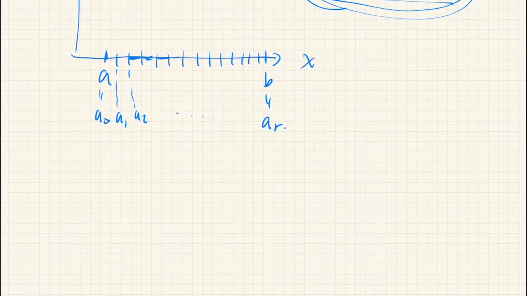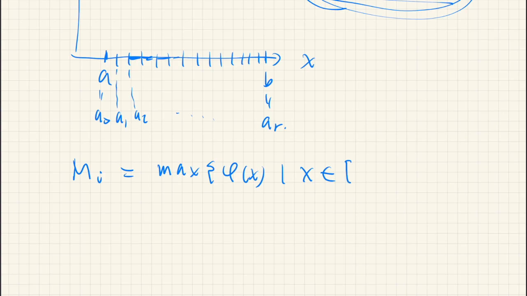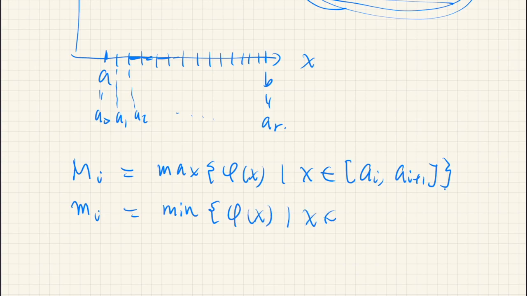Now let us define capital M_i as the maximum value of the function in the interval between a_i and a_{i+1}, and lowercase m_i as the minimum of this function within this subinterval.